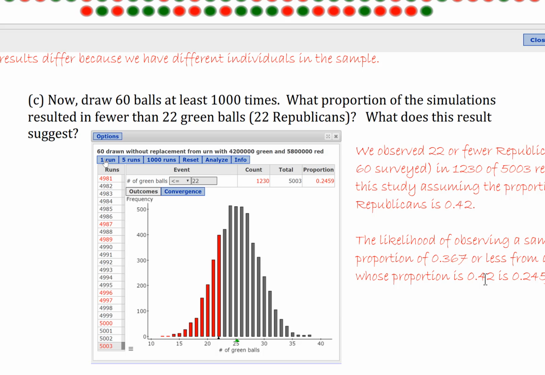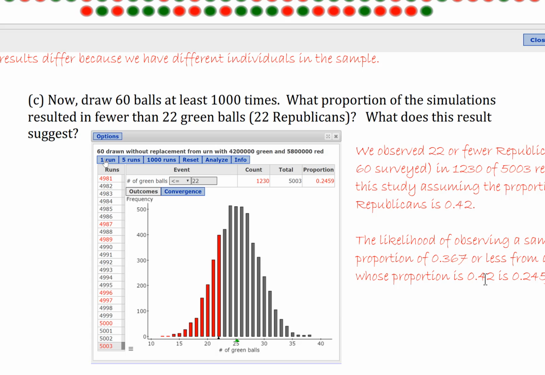And so would you say that the redistricting caused fewer Republicans to be in the district based on this result? Is this statistically significant? If you observe something that could happen about 25 times out of 100, if the population proportion is 0.42, would you say that result is unusual?